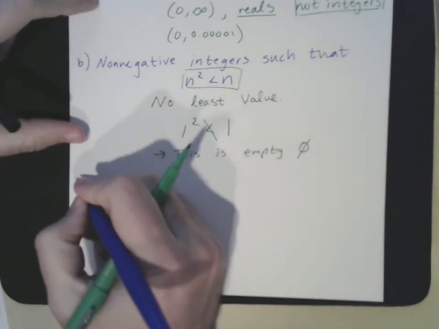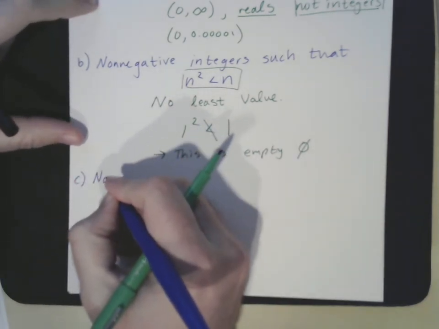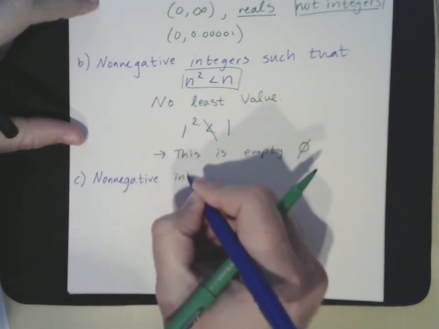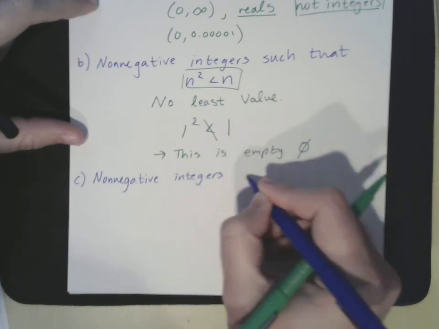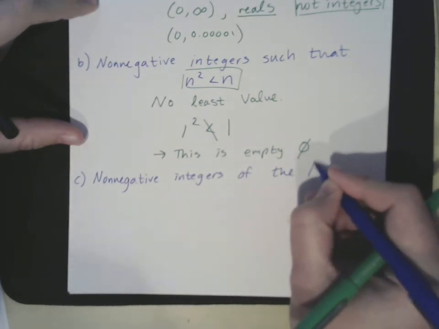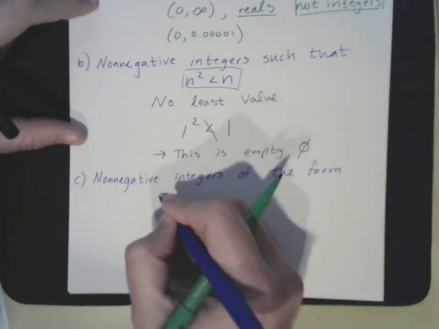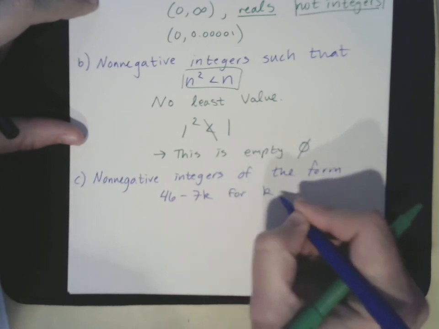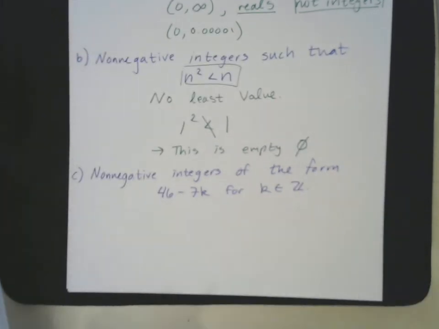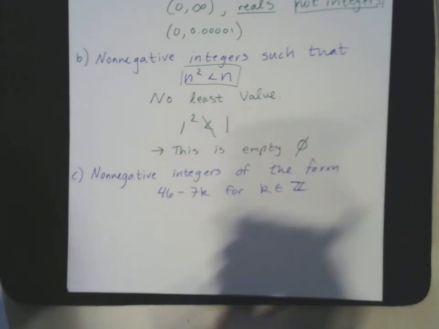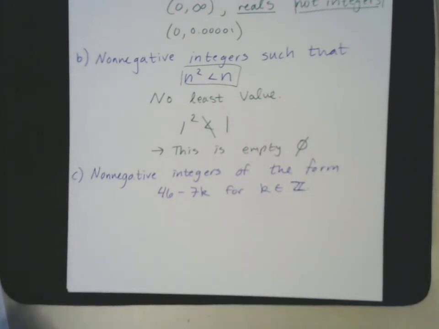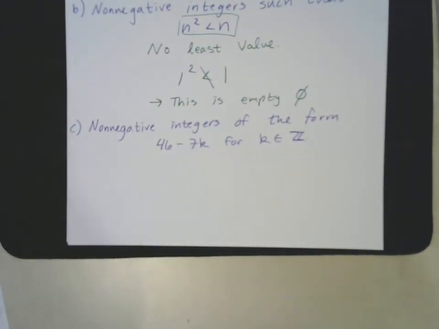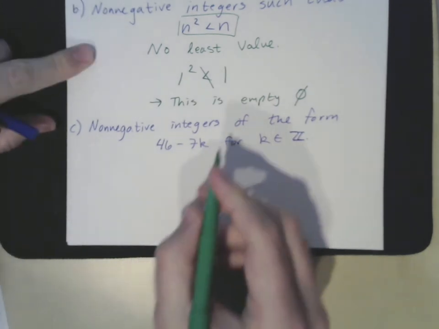Okay. Let's look at non-negative integers of the form 46 minus 7k for k in Z. So we need this to be non-negative.